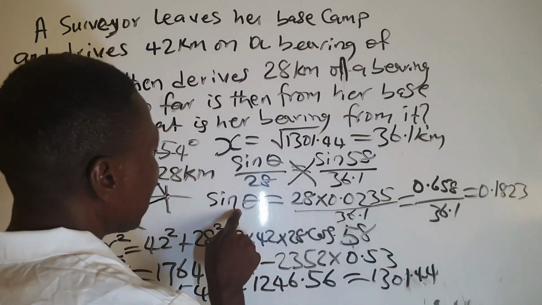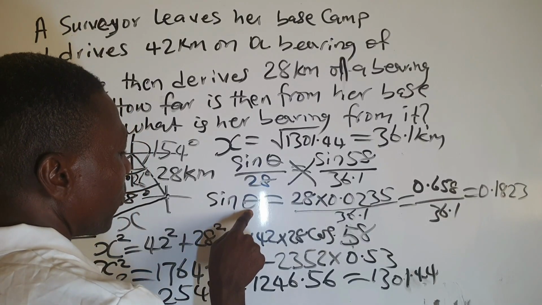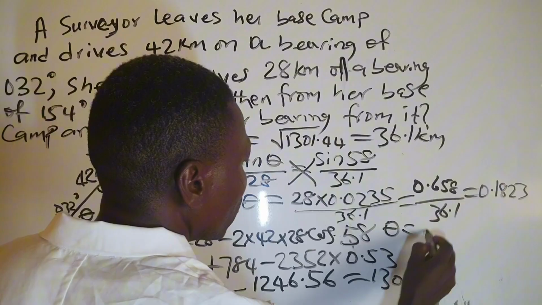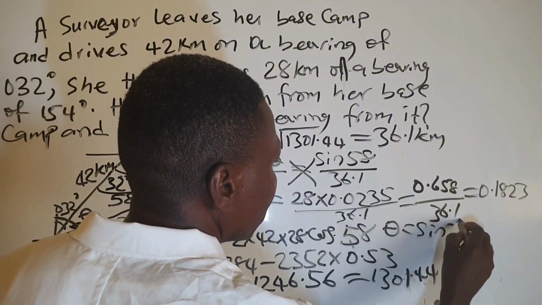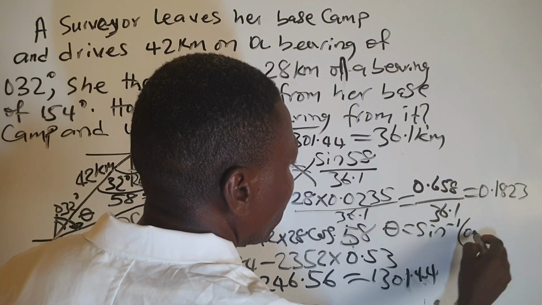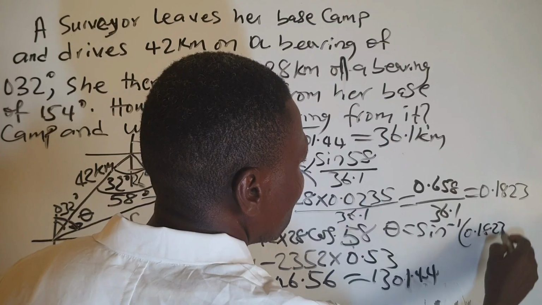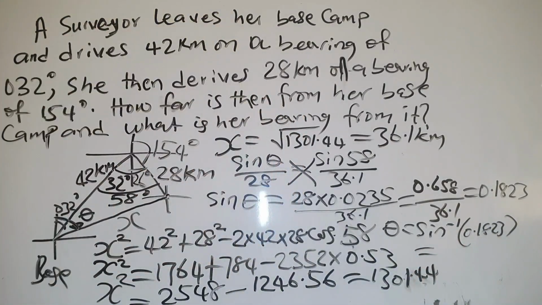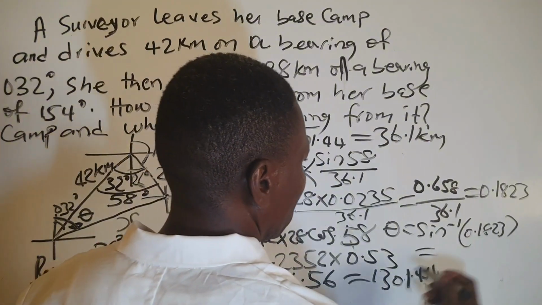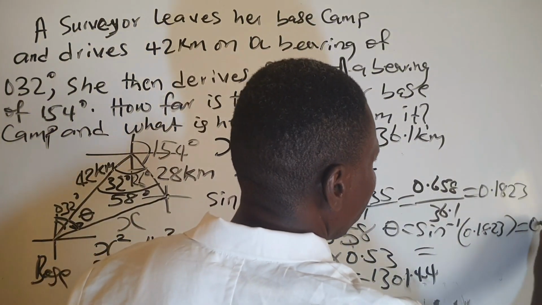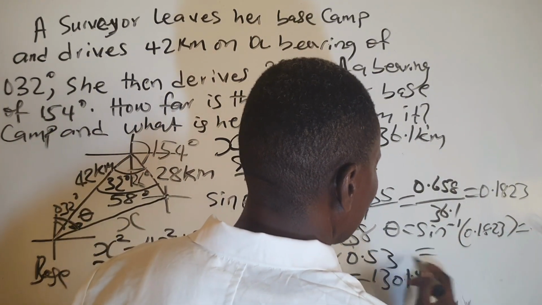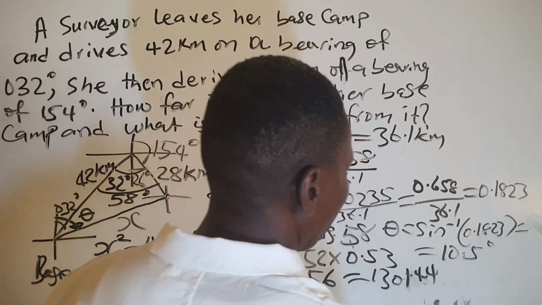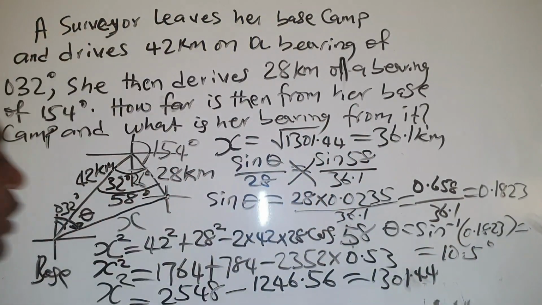Sine theta will give us 0.1823. Then making theta the subject of the formula, which is the one we are looking for, we now have theta equals sine inverse of 0.1823. Please use your calculator, and when we find the sine inverse of this, what will be the final answer? It is now equal to 10.5 approximately, degrees.